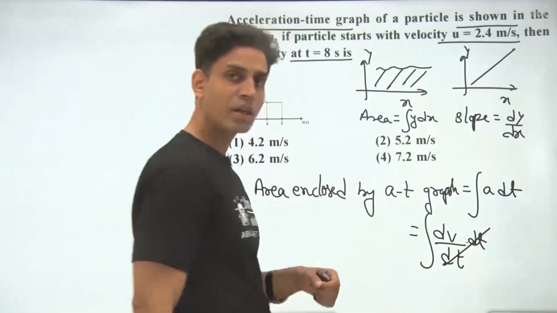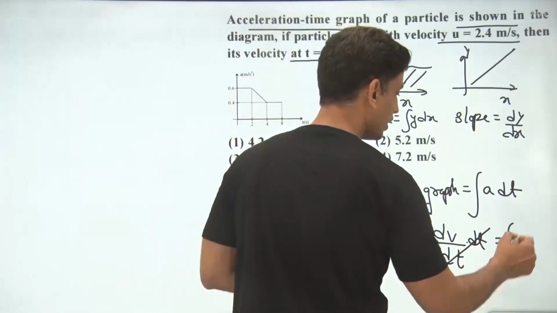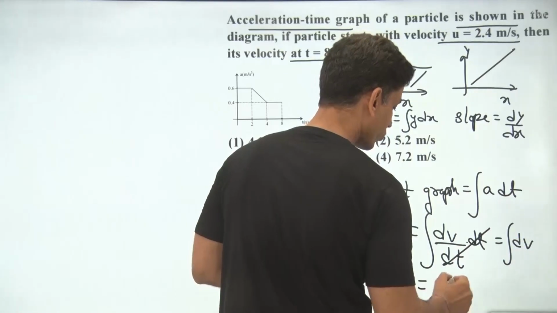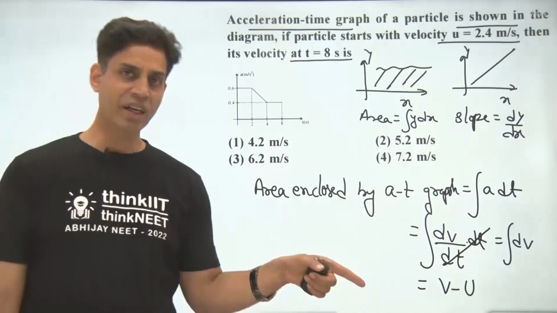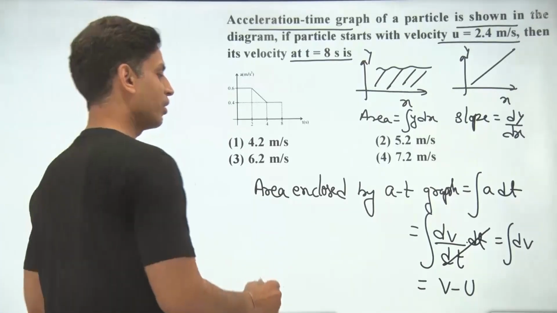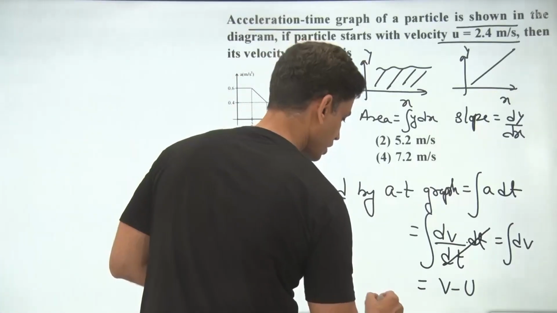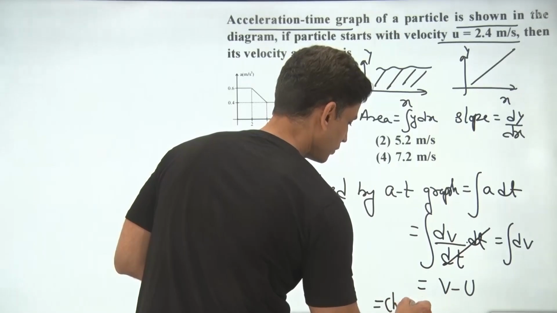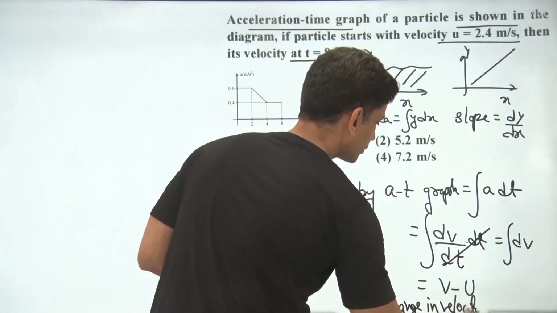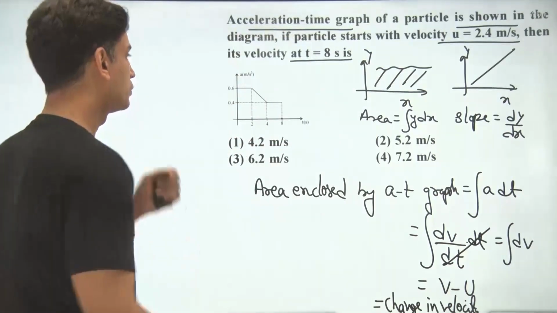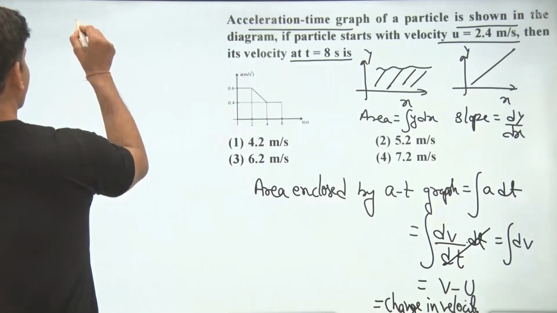This dt cancels out, so it is integral dv, and that is equal to v minus u. That is, the area enclosed by the a-t graph will give you the change in velocity. Got it? So first calculate the area.